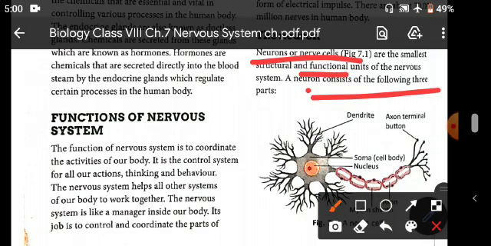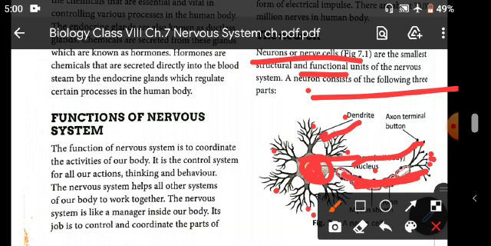A neuron consists of the following three parts: dendrite, cyton or soma, and axon. This one is axon, then this is cyton, and these are dendrons. The plural form of this dendron is called dendrite. And this is called the axon terminal.